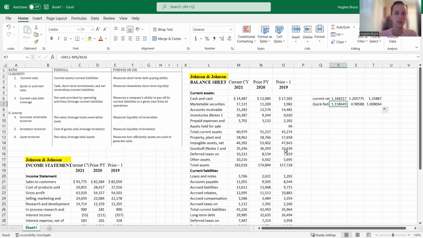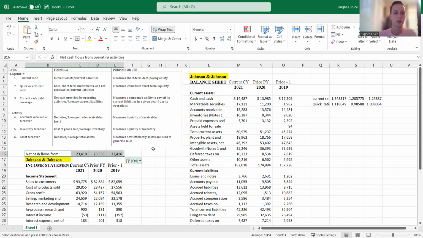And then the current cash debt coverage ratio. So you will need to grab the net cash from operating activities, or net cash produced by operating activities, which I don't have on here, but it is right there. I grabbed this from the statement of cash flows for Johnson & Johnson.